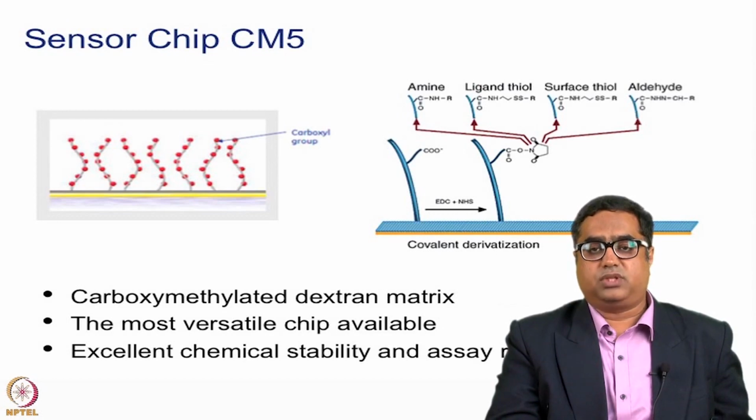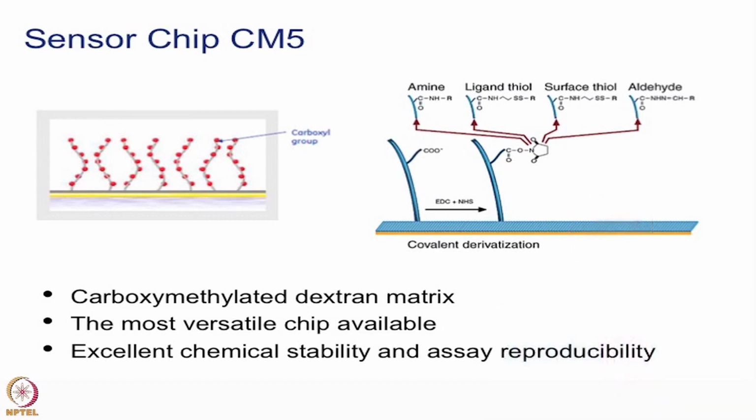On the surface of the dextran you see small areas called carboxymethyl groups, which get activated, and the activation of the carboxymethyl groups helps us immobilize our ligand by amine coupling, thiol coupling, or aldehyde coupling.